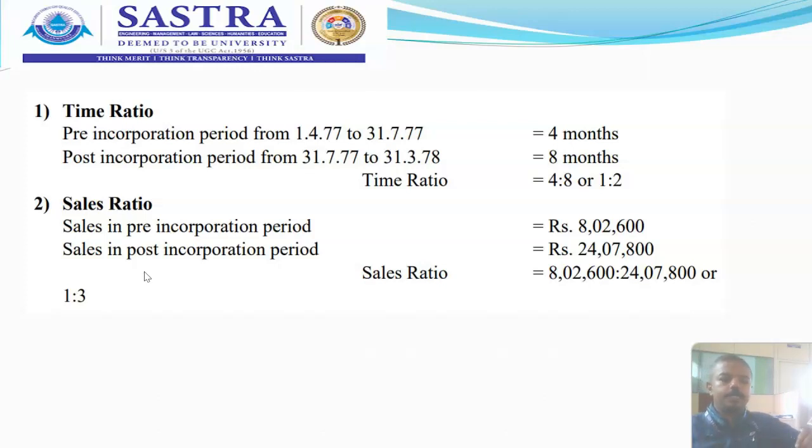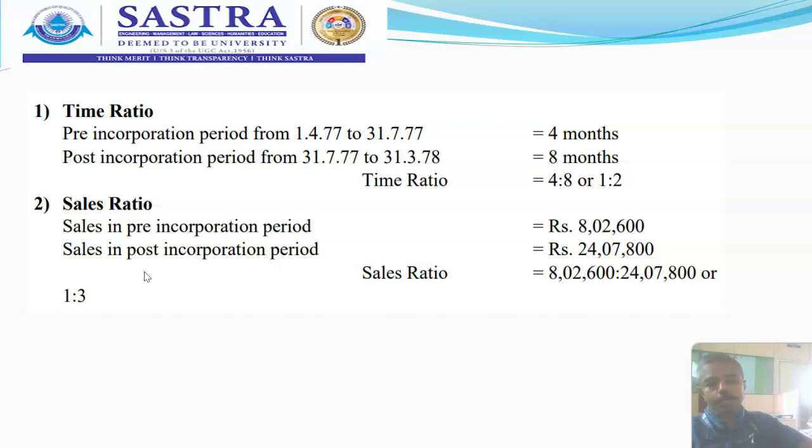They acquired the business on 1st April 1977, and they incorporated into Pangajam Mills Limited on 31st July. Till this date is called the pre-incorporation period. After 31st July until 31st March, we call this the post-incorporation period.